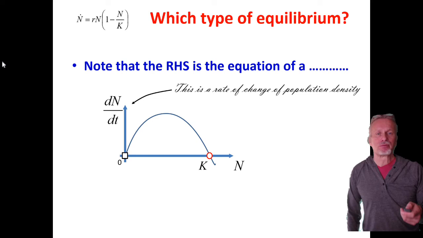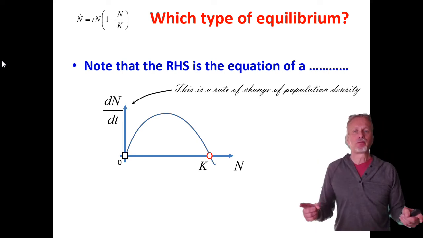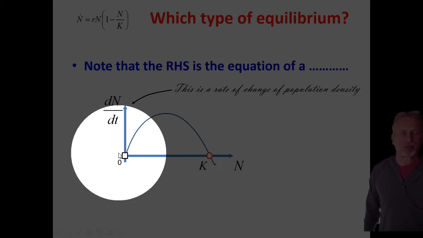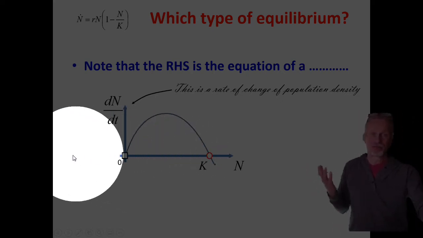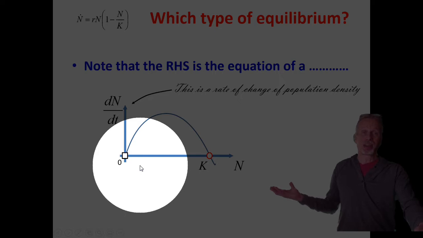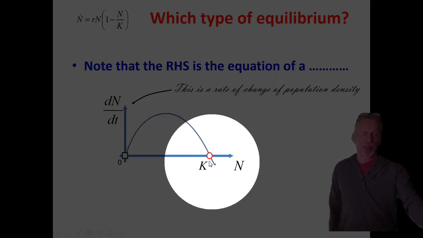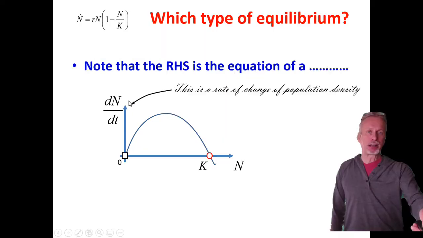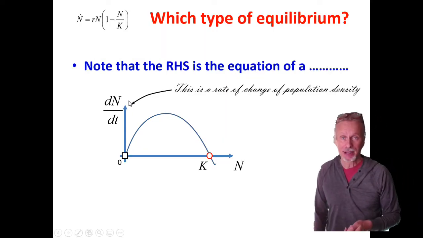And as you see here, we have these two equilibrium points: what is called the trivial equilibrium, which is if I have no individuals, there's not going to be any dynamic there to describe, and the carrying capacity. And this parabolic function represents the rate of change of the population in time.